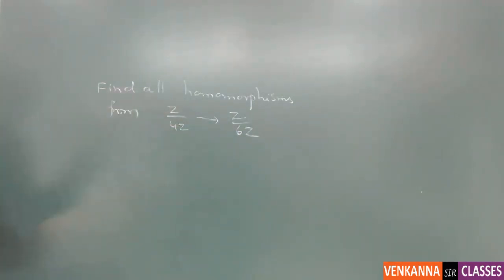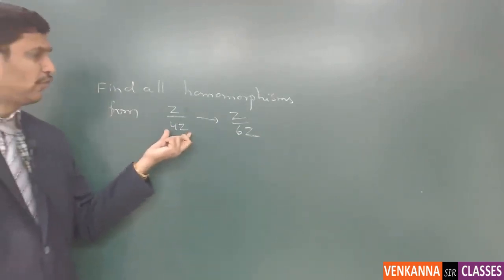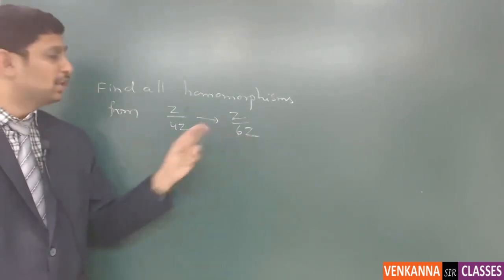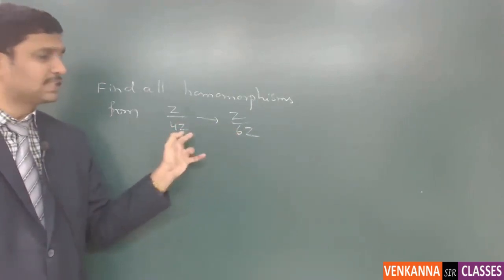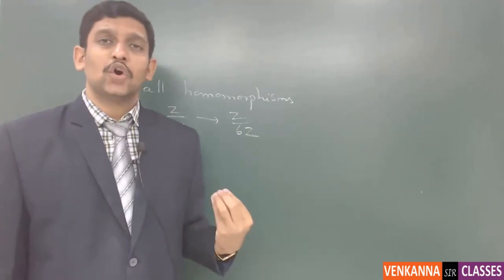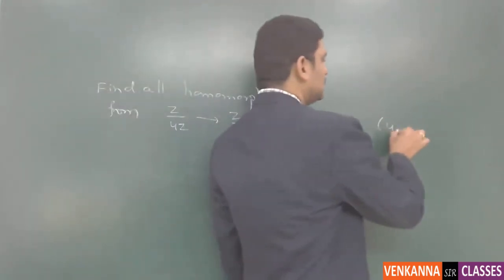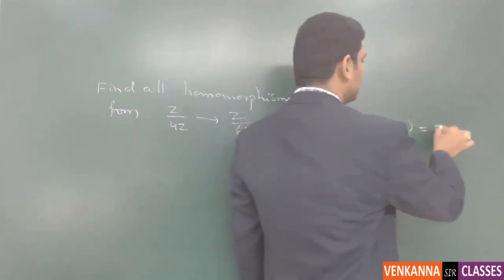Just now I mentioned that if you consider the denominator values 4Z and 6Z, you have the values 4 and 6 here. The number of such homomorphisms is GCD of 4 comma 6, which equals 2.